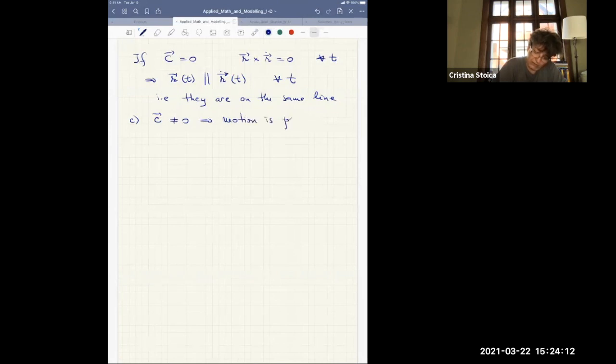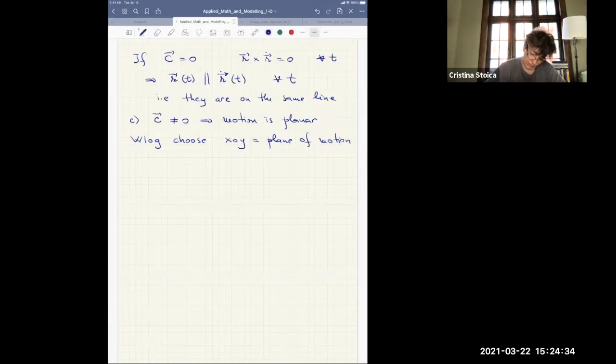So if it's planar, without losing generality, choose X, Y to be the plane of motion. All right, so I'm going to ignore the Z axis.